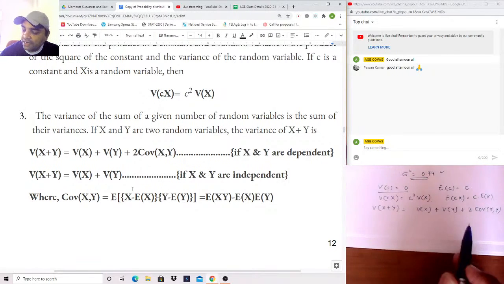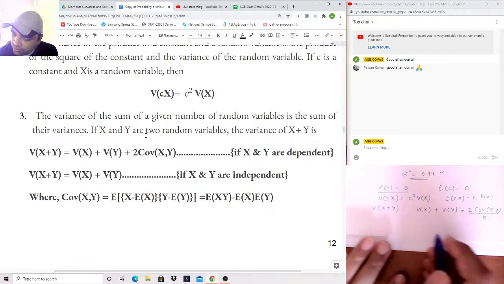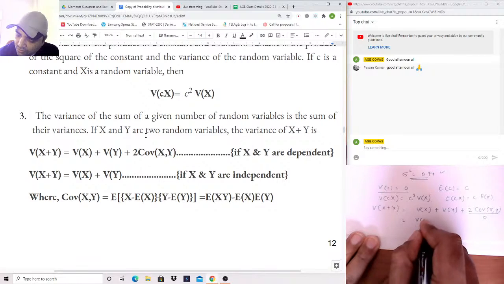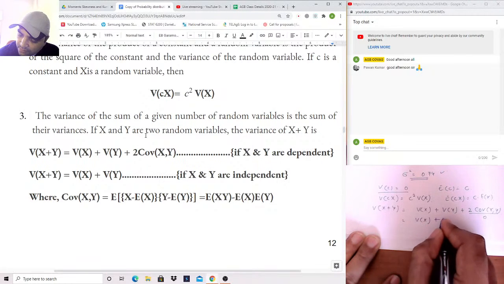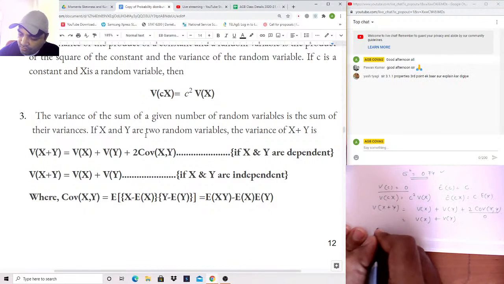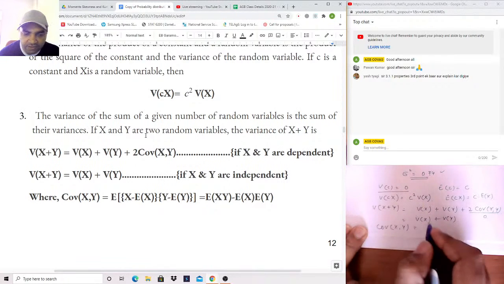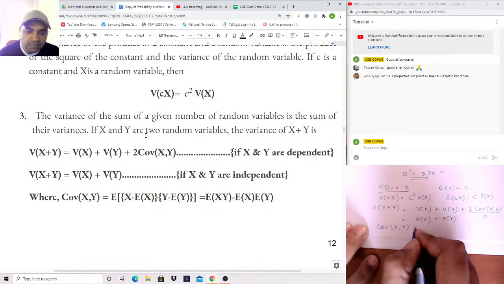So if they are dependent, this part remains, and if they are independent, then this part will become 0. So it will only be equal to variance of x plus variance of y. Okay, and this covariance of xy can be calculated using the probability functions.